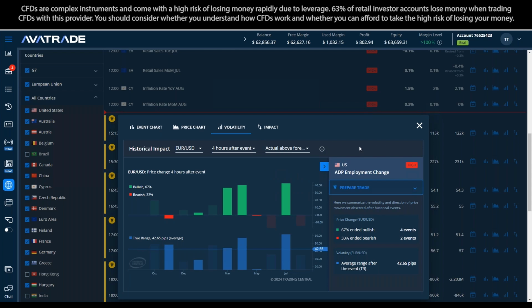And so if today's announcement comes in above forecast, you might expect a movement that tends to go upward. Look what happened in the past. Only twice did it drop when the ADP numbers were what we'd call better than expected, above forecast, more hiring than expected. The euro went up.